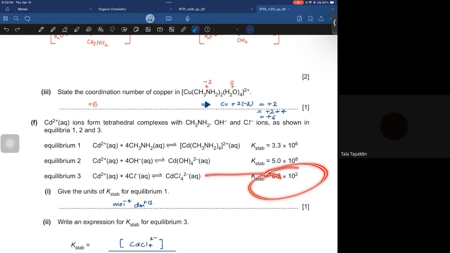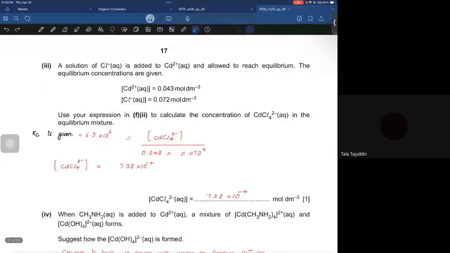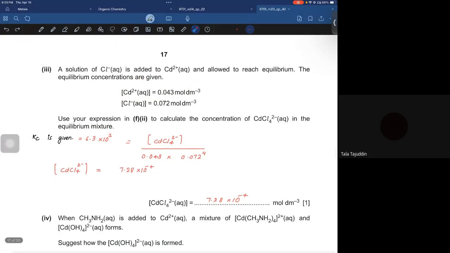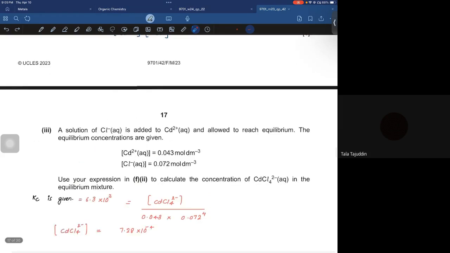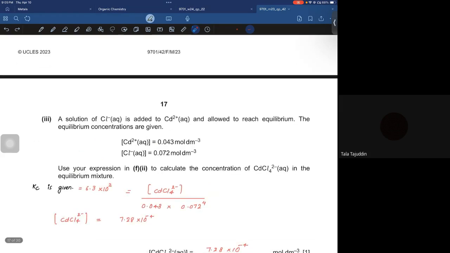They're talking about that equation, equilibrium 3. So I have used the same thing. They have given the concentrations of cadmium and also the chloride ion. Of course, I would be finding out the concentration of this. I would be multiplying this and then multiplying with the Kc value. So I would be finding out the concentration of this CdCl4 2 minus.